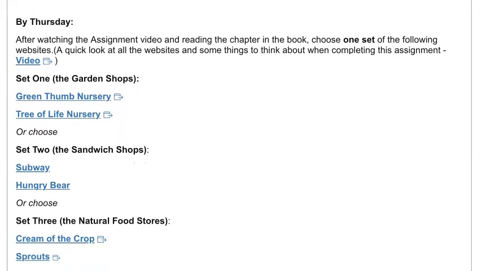So there's one set that's garden shops. There's Green Thumb Nursery, which is a large company, a large nursery. They have many locations. And there's the Tree of Life Nursery, which has one location. Green Thumb covers a lot more ground than Tree of Life. These are links to their websites, and I want you to look at all the content on the websites and how do they compare?